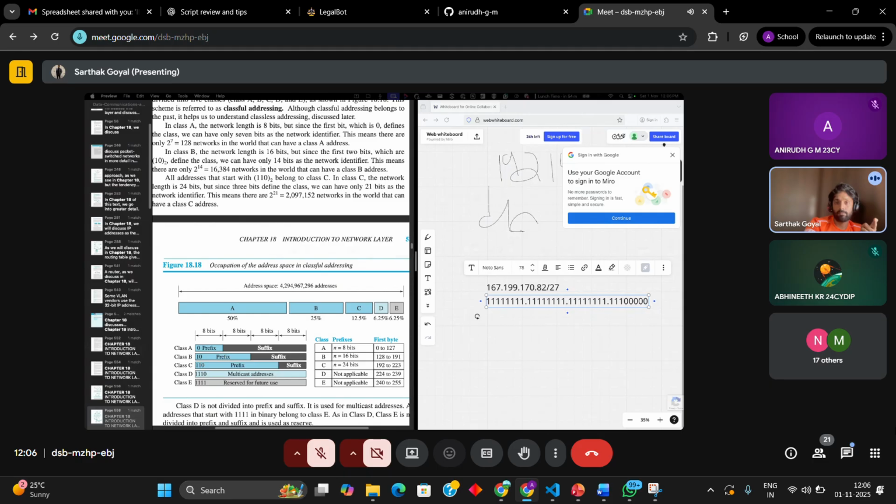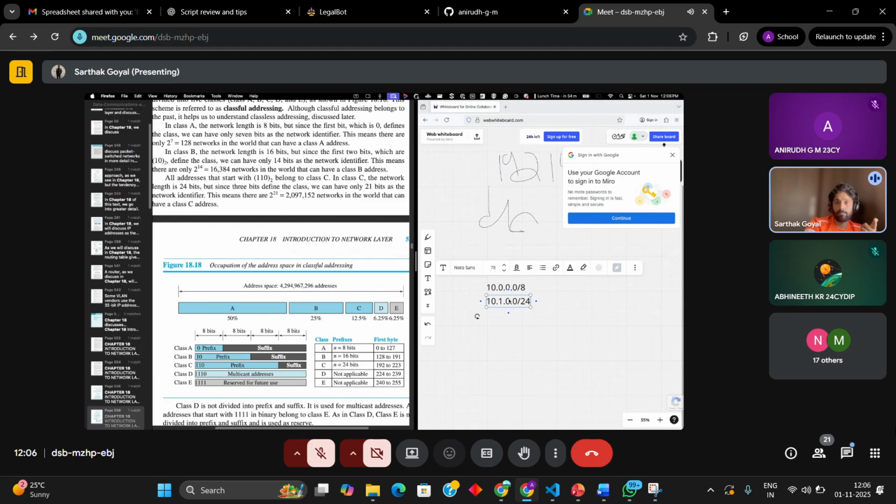So I'm going to say in class A, so let's say class A is slash 8, right? In that slash 8, what can happen is I'll start changing the network IDs. I'll say 10.1.0.0/24.